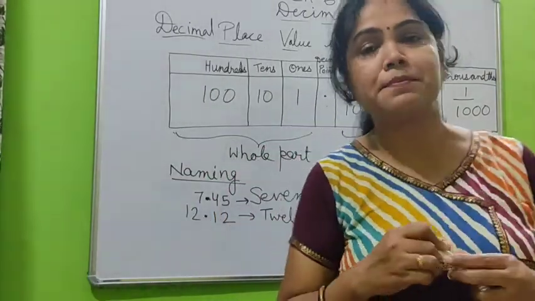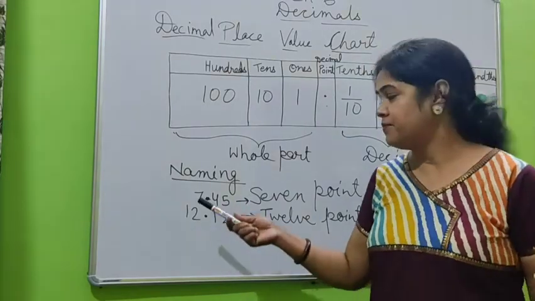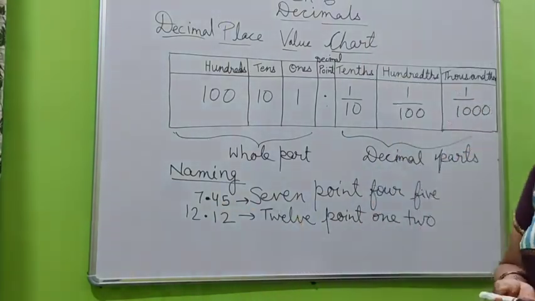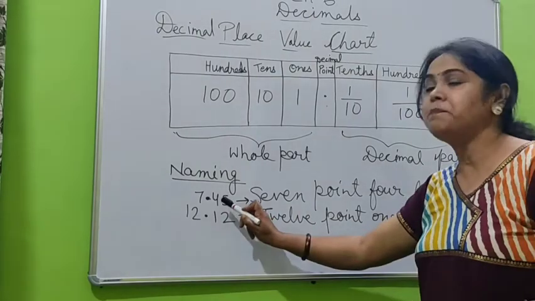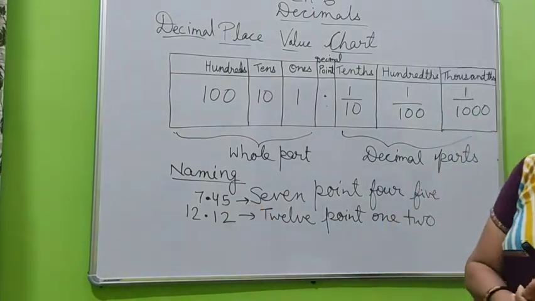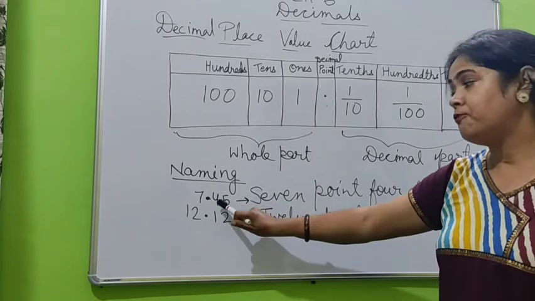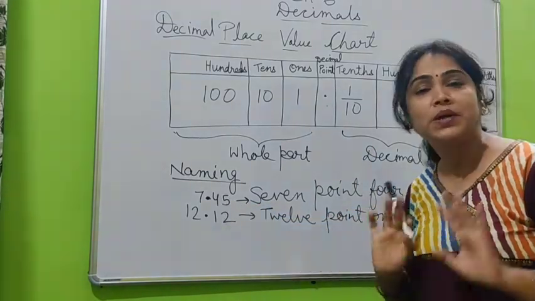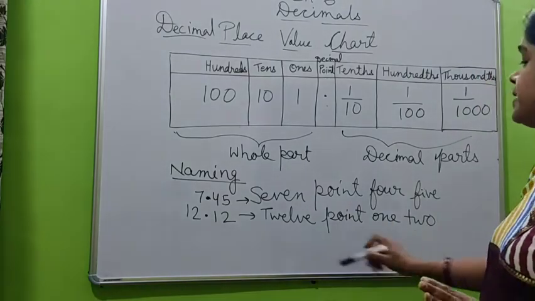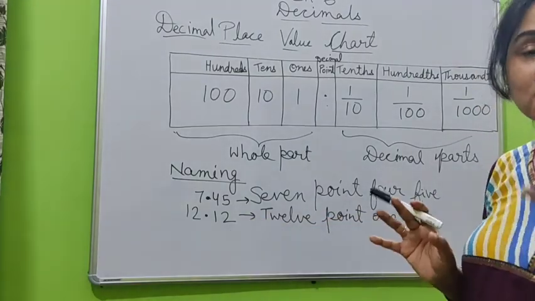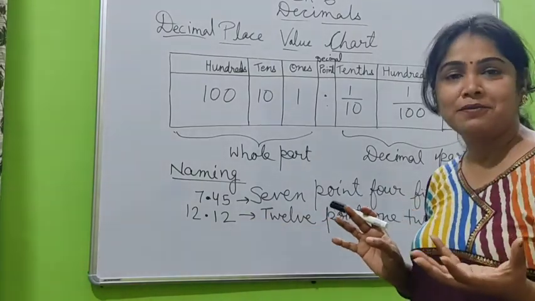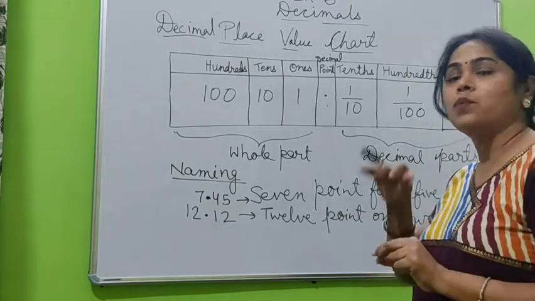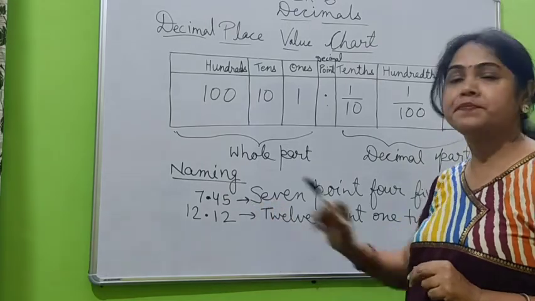Take care. For the whole part we read the number as it is: if it is 7, 7; if it is 12, 12; if it is 1000, 1000. But in the decimal part, don't say 4 and 5 as 45, or 1 and 2 as 12. We say one, two, because it is not a whole number. It is the decimal part: 1/10th is there and 1/100th is there.